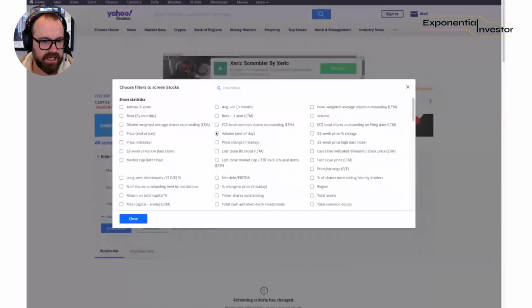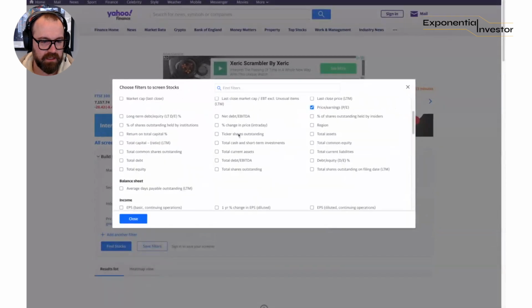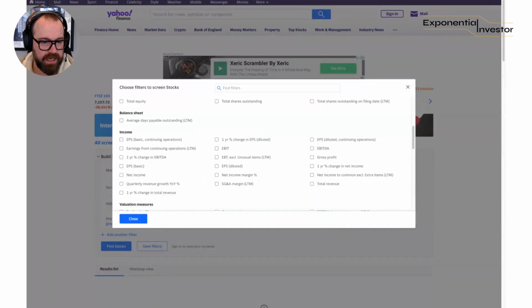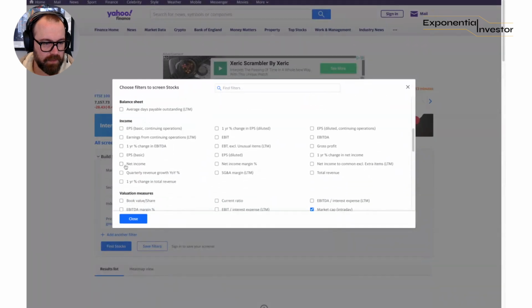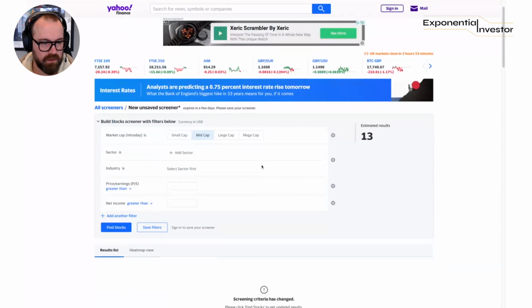So let's take a look at price to earnings. Let's take a look at net income. So let's get rid of energy. Right, so we want to find mid-cap stock.